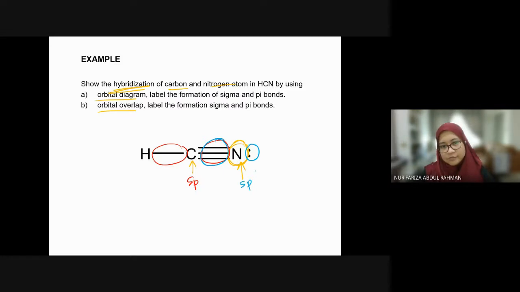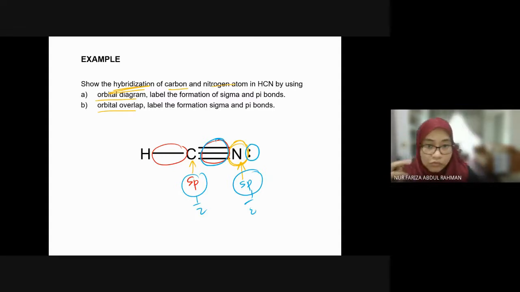So this should be determined earlier, and this will carry 1 mark, each one of them is 1 mark, 1 plus 1 is equal to 2. Simple. So please do not get it wrong. Unless your Lewis structure is wrong, then of course it will affect your type of hybridization. So again, the Lewis structure is very, very important.